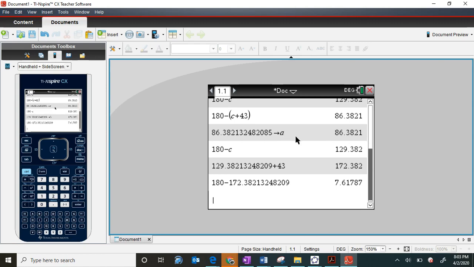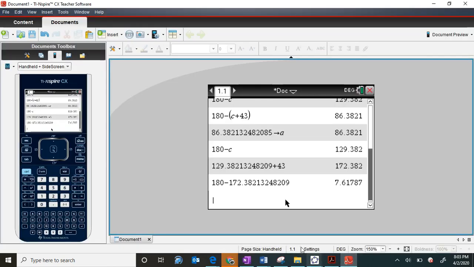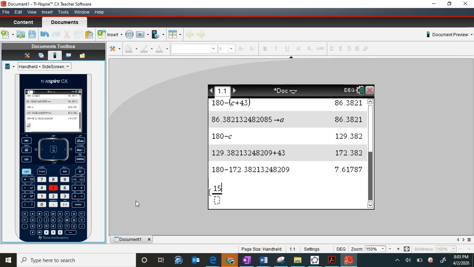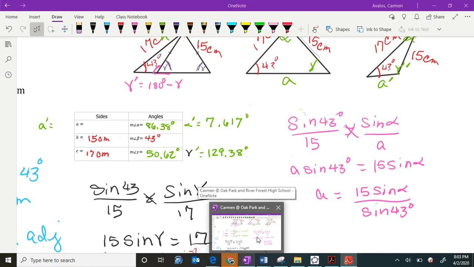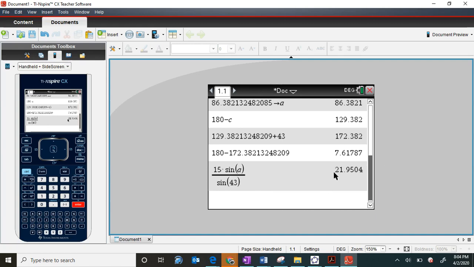Notice how the 86.38, I stored it in A. So we have 15 sine of A, we have to put the parentheses, and then over sine of 43. We hit enter, and we end up with the side to be 21.59.